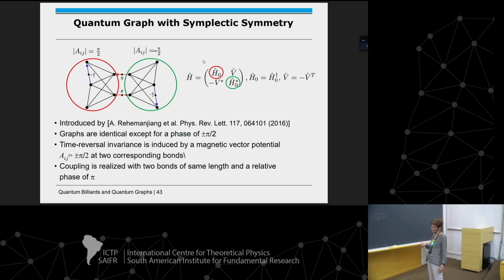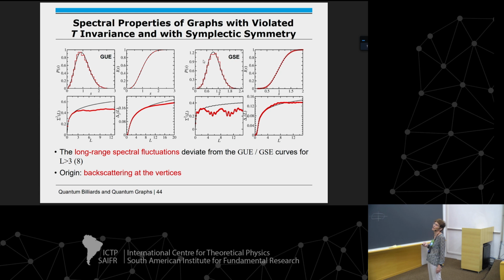So we did experiments, but here I just show numerical results. Here for the GUE graph, which would correspond to H0 in the graph, and for the coupled one, which is a GSE graph. In both cases, you find very good agreement when you look at short-range correlations. But when you look at long-range correlations, you see again these deviations, which can be attributed to backscattering.